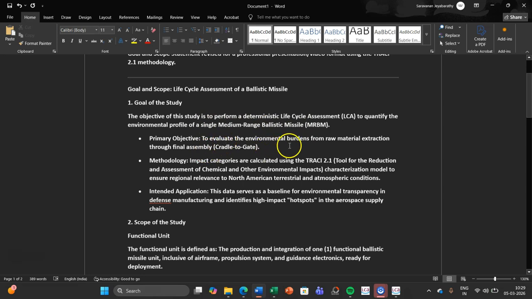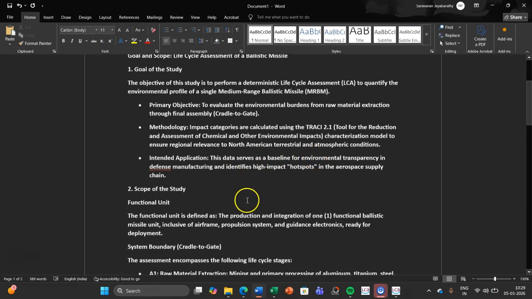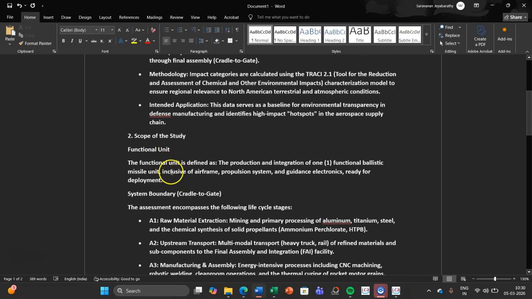To evaluate the environmental impact assessment, the method is going to be DRACI 2.1. Intended application: this data serves as a baseline for environmental transparency in defense manufacturing and identifies high impact spots. The functional unit is very important: the production and integration of one ballistic missile unit, inclusive of airframe, propulsion system, guidance electronics, ready for deployment.